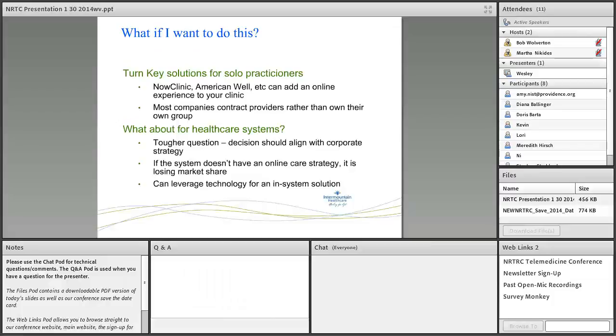You can certainly take the technology for an in-system solution, and this is one of the things that Intermountain Healthcare is doing. We're putting video conferencing technology in every single one of our patients' rooms, so 2,800 patient rooms are getting it. The rationale is that it allows us to accelerate the patient care process. For example, we can have an interpreter virtually sent to any patient room almost instantly.